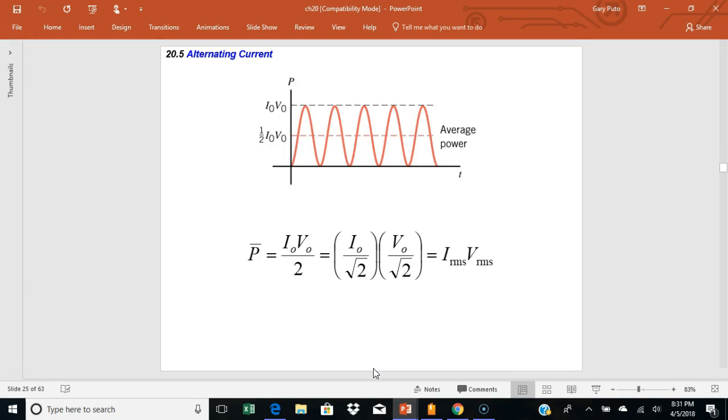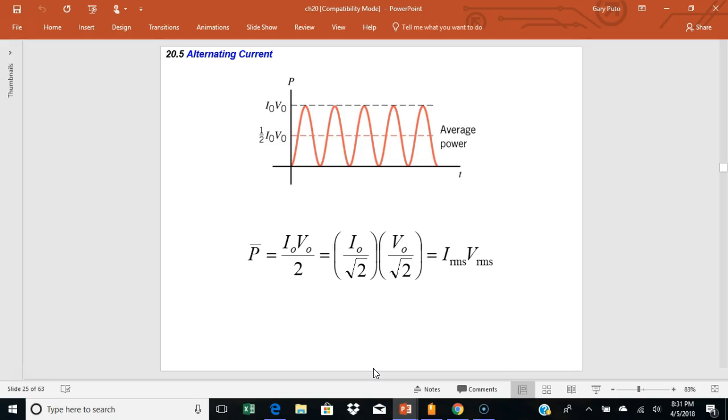Very simple. Keep in mind average power, because it's reversing direction back and forth. So note the little line over the power: it is equal to the max current times max voltage divided by 2, which is basically I times V, the average current and the average voltage.